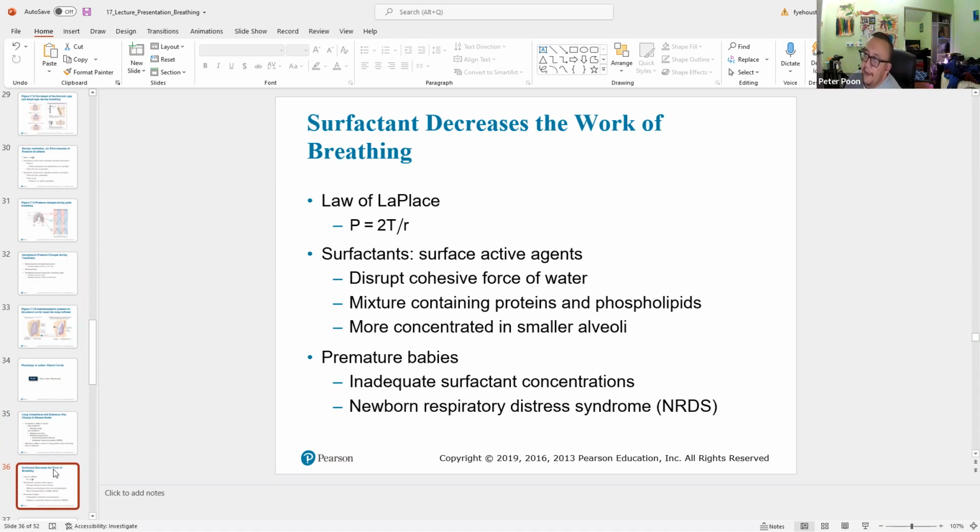Surfactant decreases the work of breathing. One of the things about water that's great and wonderful is that water molecules stick to each other, and therefore they create something called surface tension.